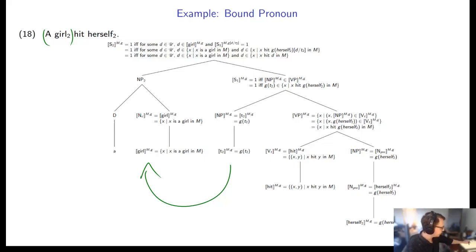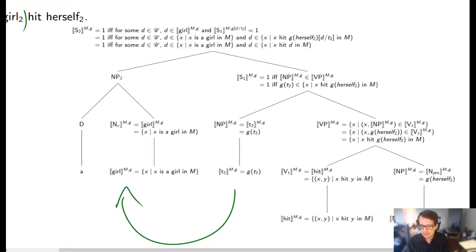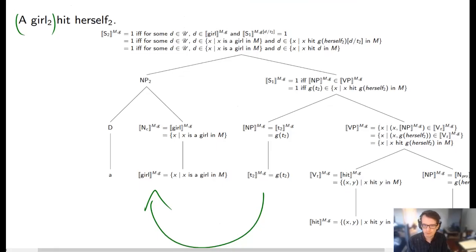Now, because we have a girl 2 already indicated, and this is important because we need to know that herself and girl are talking about the same thing, we need to make sure that we're using the right trace number. So for the sentence, a girl hit herself, sorry if this is a little small, I'll zoom in when we go through the tree, I am using T2 for this trace, and that's important.